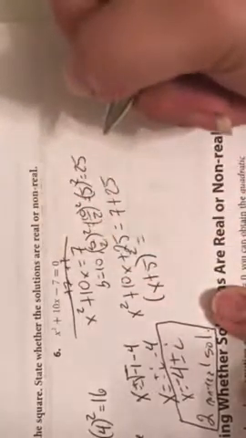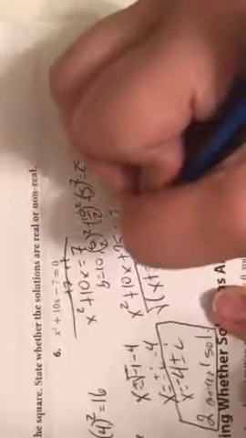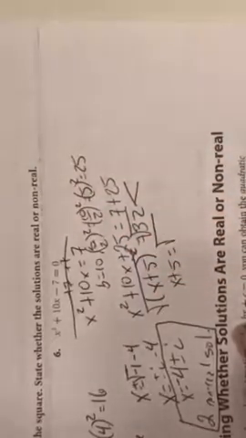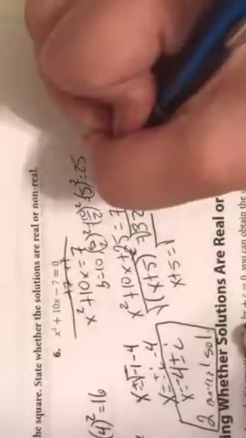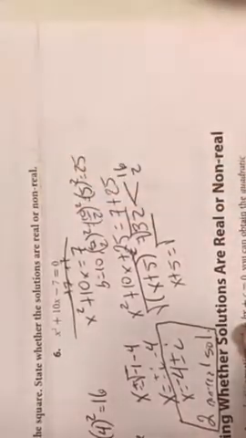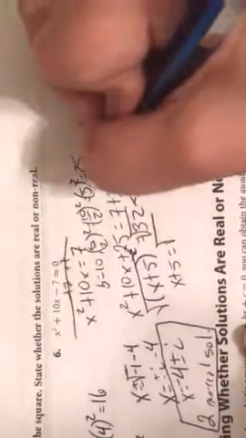x plus 5, that was the middle number, squared, equals 32. Square root both sides. x plus 5 equals the square root of 32. Can I take any perfect squares out of 32? I can. That's basically 16 times 2. 16 is a perfect square of 4 and 4.